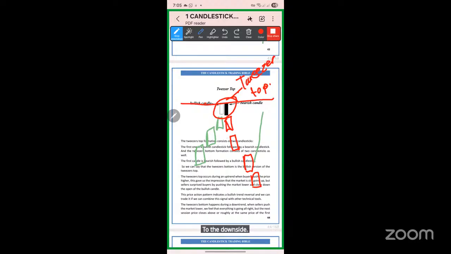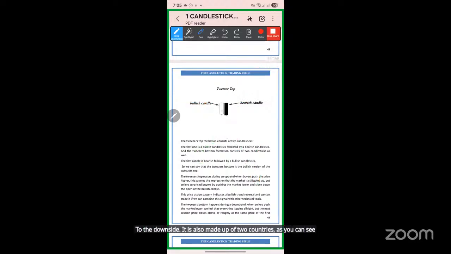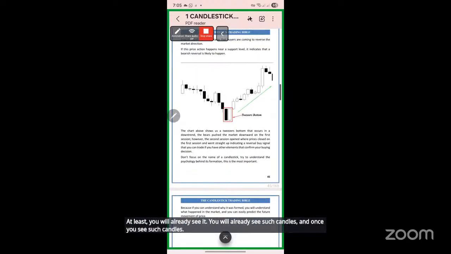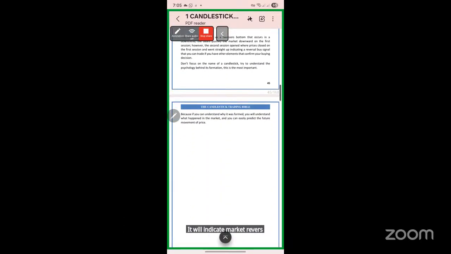It is also made up of two candles, as you can see. The bullish candle is first, then the bearish candle last. It indicates market reversal to the downward side. Once you are trading, you will always see such candles, and once you see them, they indicate market reversal to the downward side.